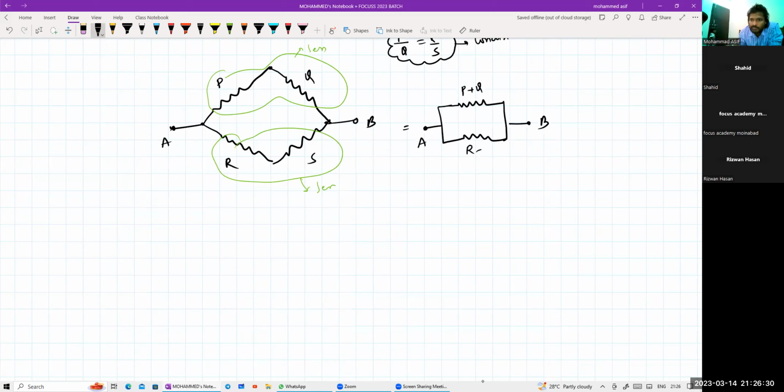Now these two are in which combination? Parallel. So these two are in the parallel combination.